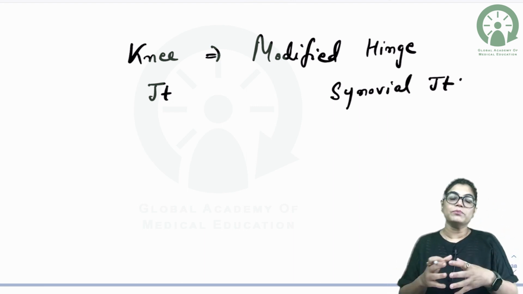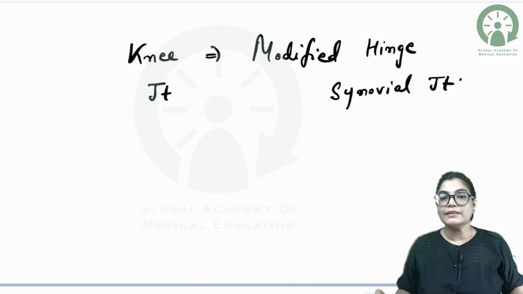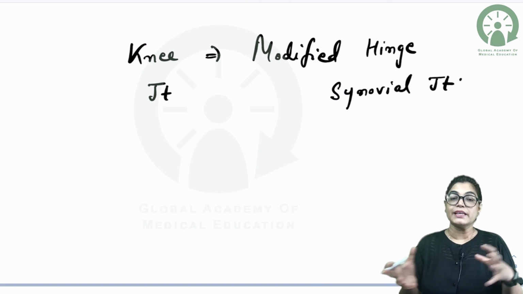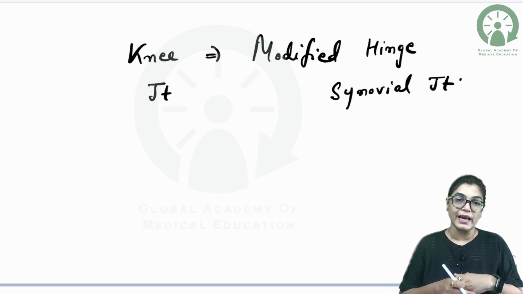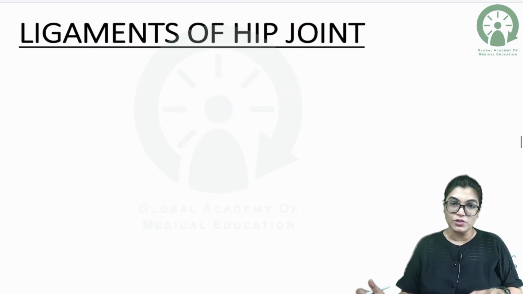The articulation between the femoral and tibial condyles is an example of a condylar joint. The articulation between the femur and patella is an example of a saddle type of articulation. The hip joint is an example of a ball and socket type of synovial joint.